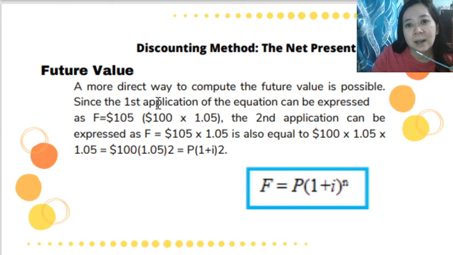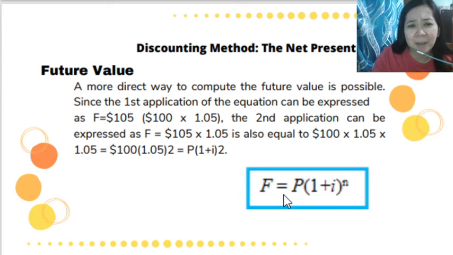So this is a more direct way to compute for the future value. Since in the first application, based on the formula, this is our future value. In the second application, this is how it goes.